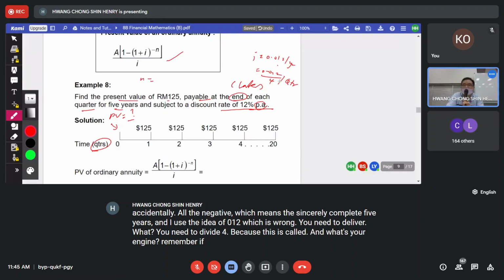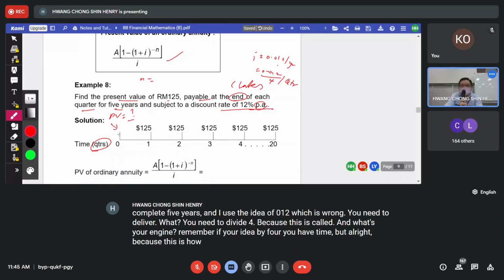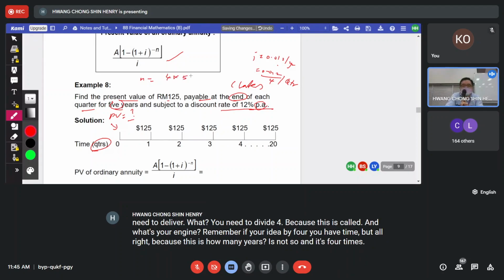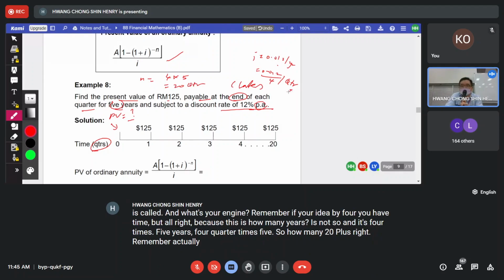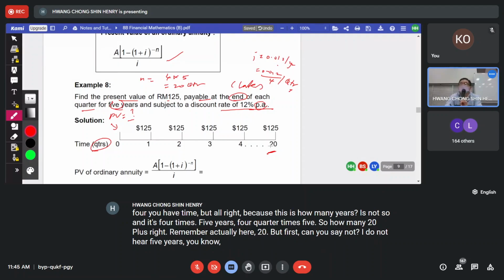Remember, if your i is divided by 4, your n has to be times what? 4, right? Because this is how many years? 5 years now. So n is 4 times 5 years. 4 quarters times 5. So how many? 20 quarters, right? Remember I told you the unit. That's why you see here 20 quarters. Can you see or not? I don't write here 5 years, I write here 20 quarters. Do you agree the line chart is very important? Or still not important?